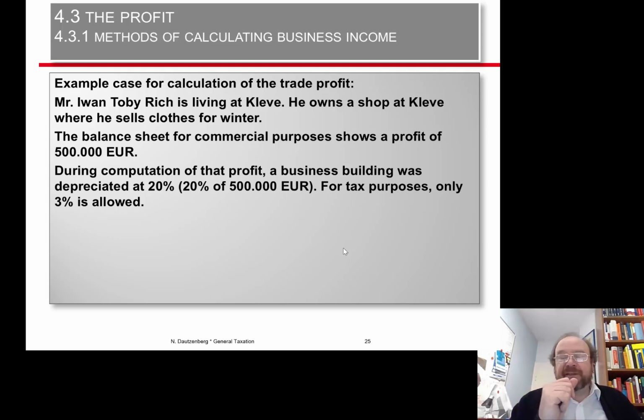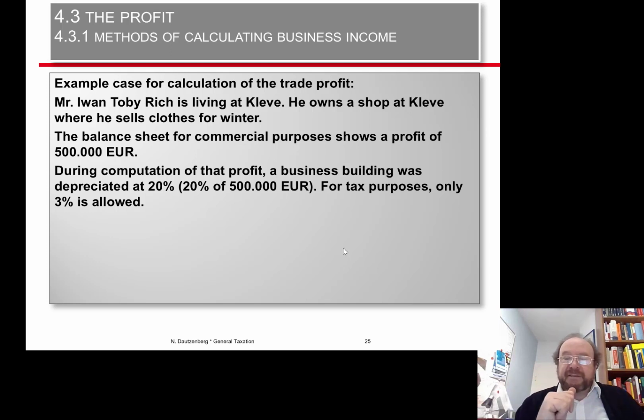Only 3% depreciation for a business building is allowed in all cases where you cannot definitively prove that the useful life is going to end earlier. And now imagine, even if the house is expected to break down after 5 years, our taxpayer is not able to prove that. Then we have naturally the following situation.